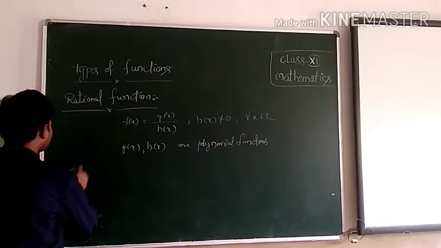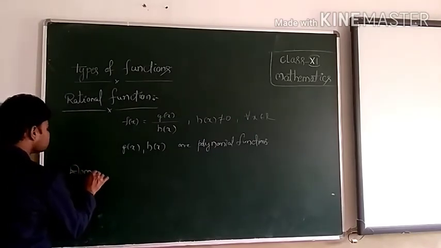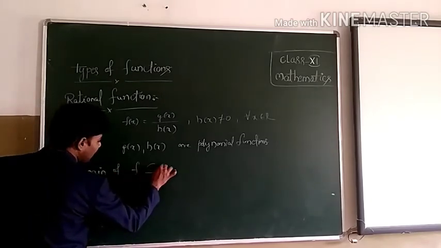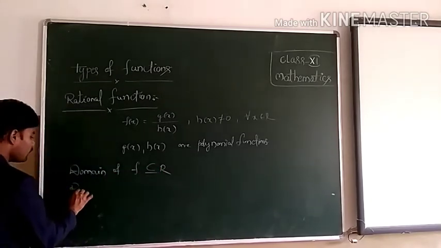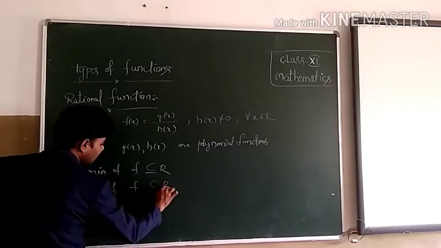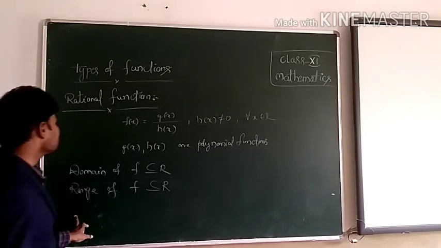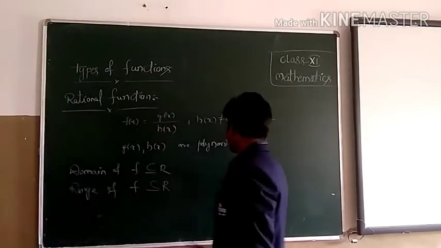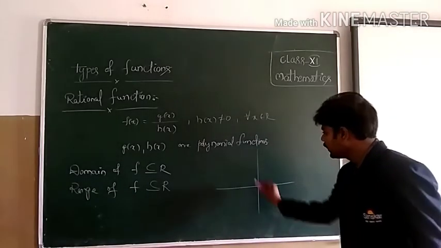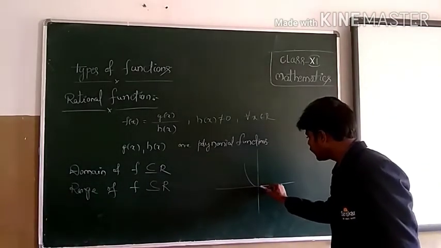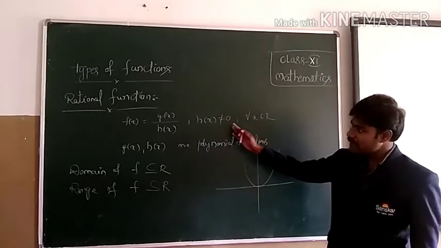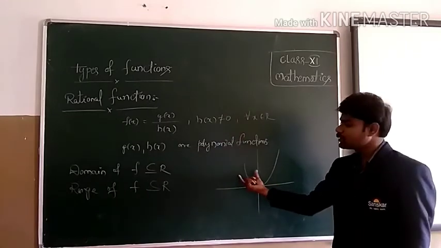So for a rational function, the domain of f is a subset of R, and the range of f is also a subset of R. The rational function graph is like this only. This is a rough graph of the rational function. This rational function graph also represents one kind of curve.